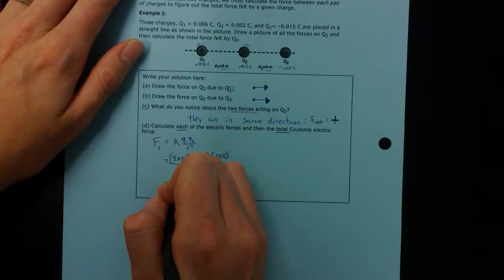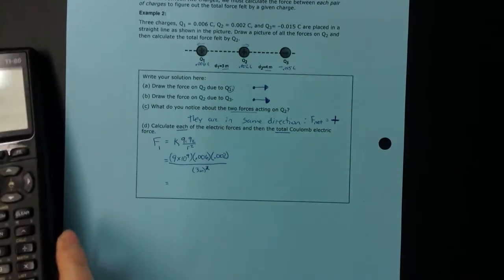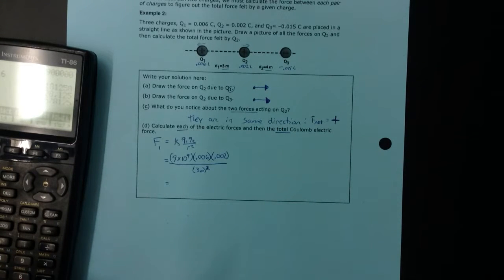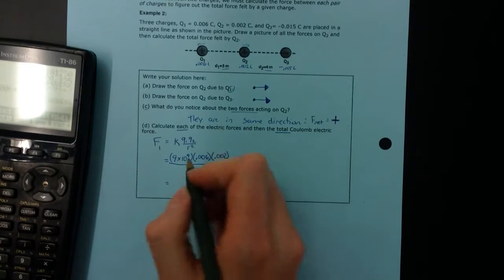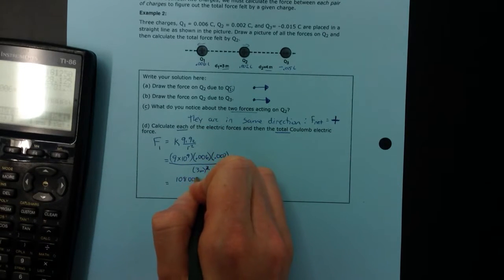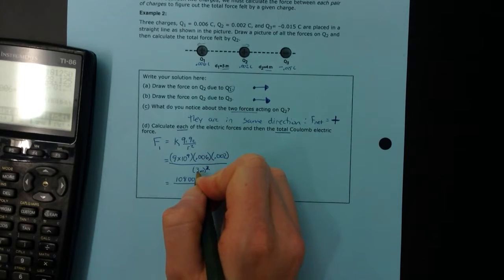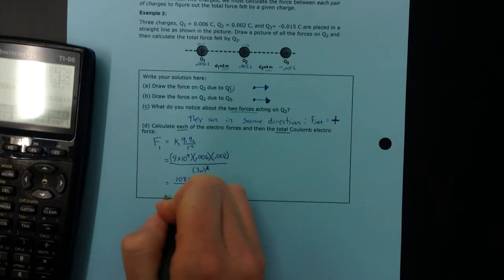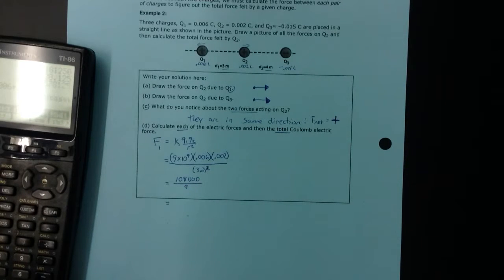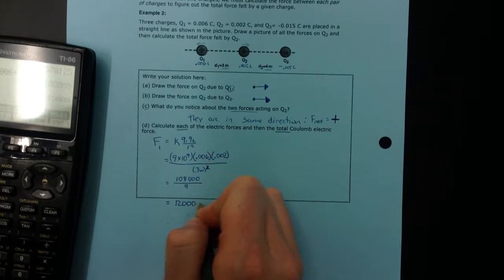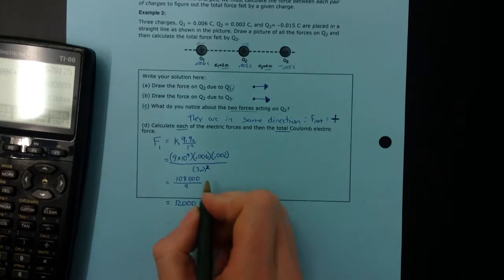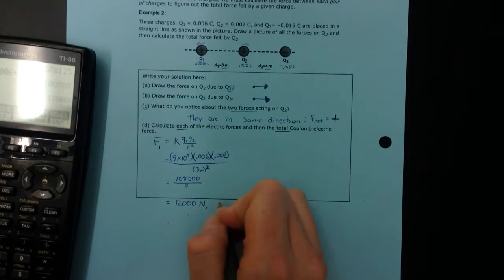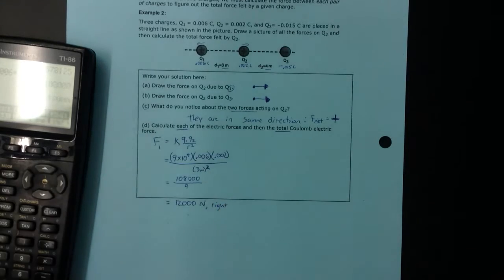So on my calculator, 9 times 10 to the 9th times 0.006 times 0.002 gives me 108,000, and I'm going to divide that by 3 squared, which is 9, and I get 12,000. That's a nice, easy number. 12,000 newtons from Q1, and that is to the right. So I'm going to write right on there.